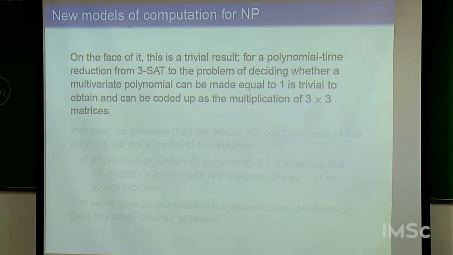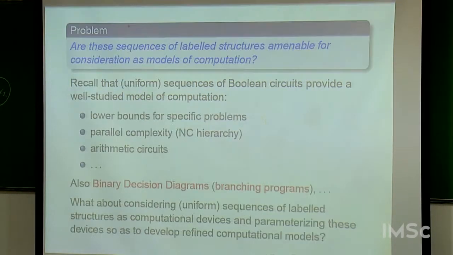And in fact, this is quite interesting because why don't we say, okay, well, using quantifier-free projections, we can get lots of labeled structures that, depending on the problem chosen, characterize NP. And let's look at the structure of these new models of computation. Can we use these labeled structures as models of computation?